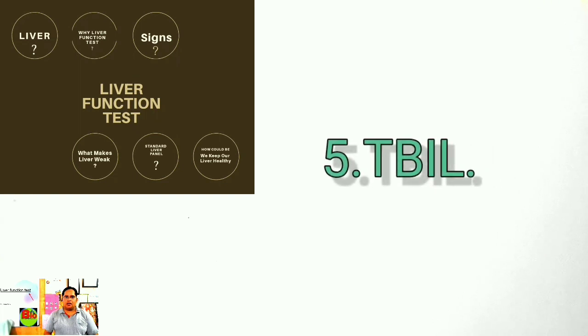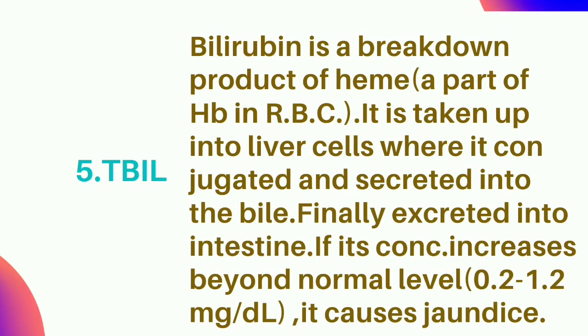Now the fifth test is total bilirubin. Bilirubin is a breakdown product of heme, and heme is a part of hemoglobin in RBC.